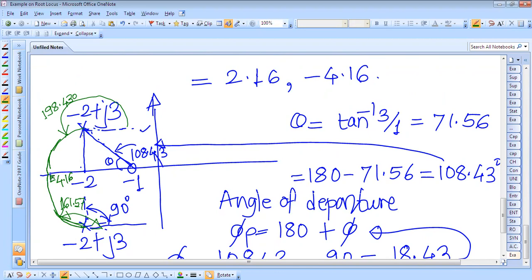So first it will start from this, and one may go in this direction to this open loop 0. Another will start here and it will go in this direction. So this is the angle of departure from this open loop pole -2 plus j3, and this is angle of departure from this open loop pole -2 minus j3.